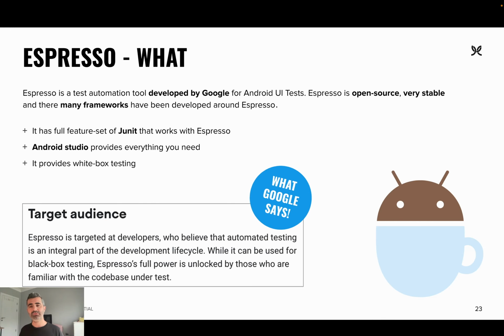Okay, the first native solution is Espresso. Let's talk about Espresso. Espresso is the UI testing tooling developed by Google for Android UI automation.